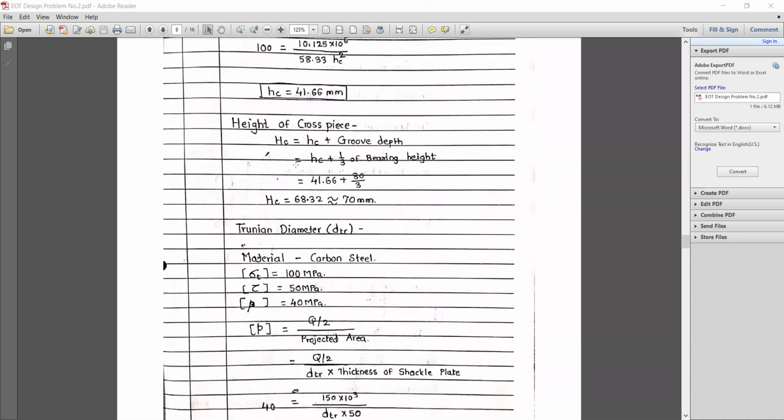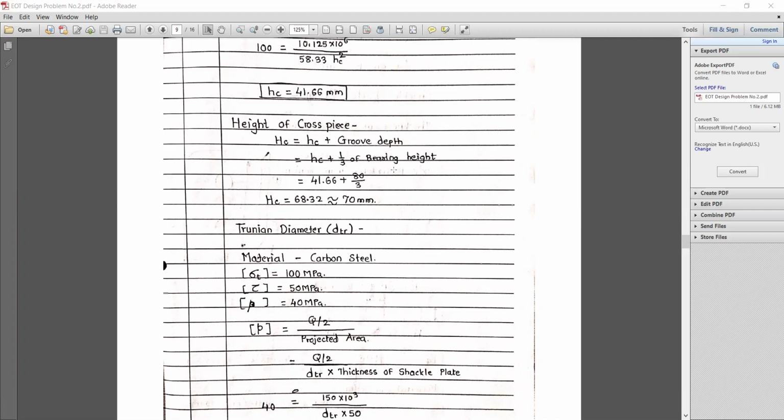The capital HC, that is the total height of the crosspiece, is equal to the small hc plus the groove depth. We are not considering the total height of the bearing; we are only considering one third of the height, because we have to generate a groove.